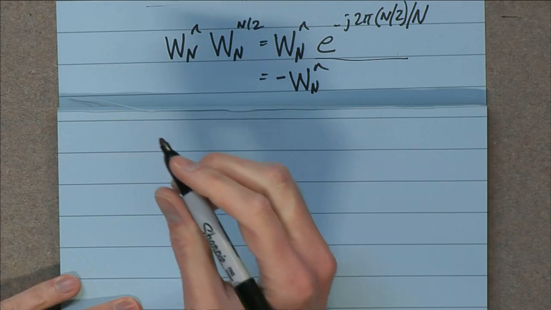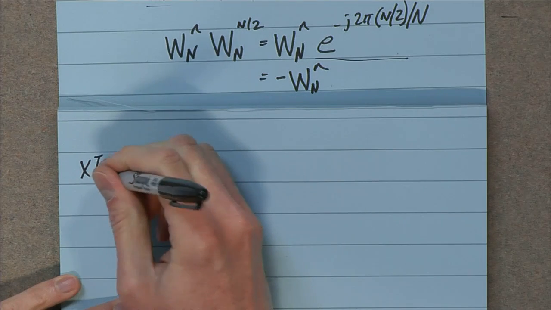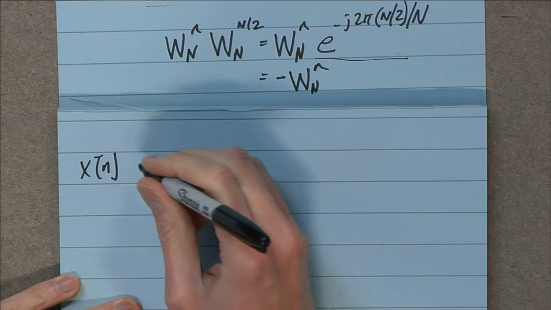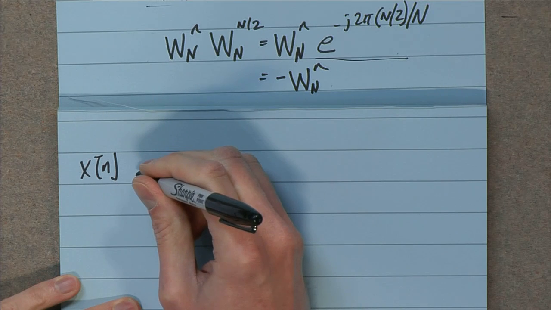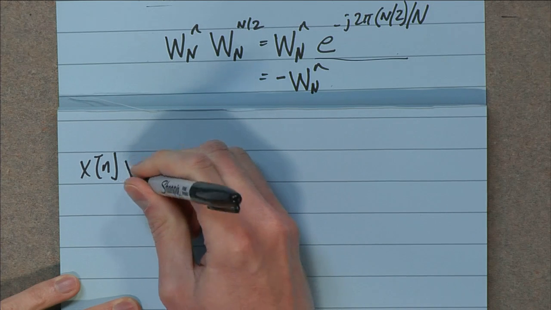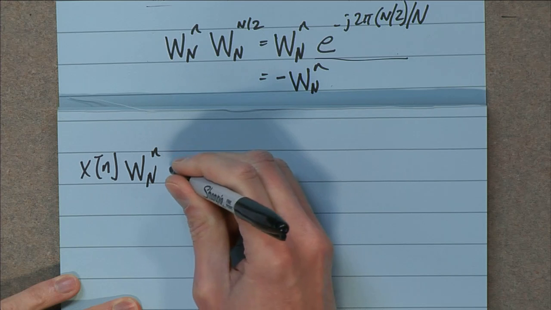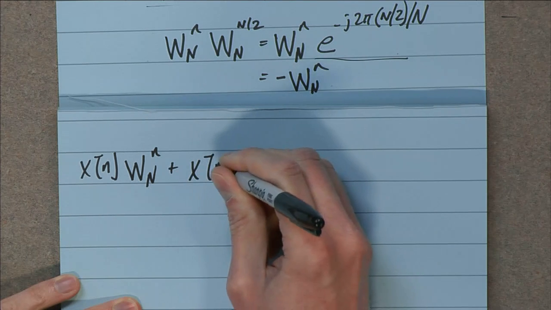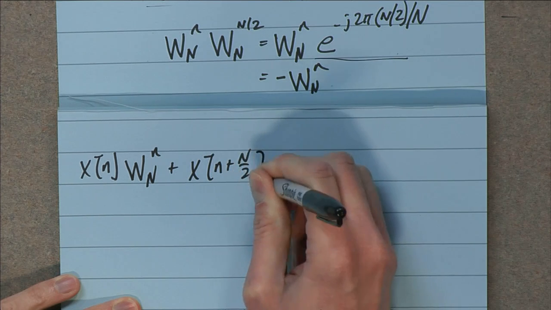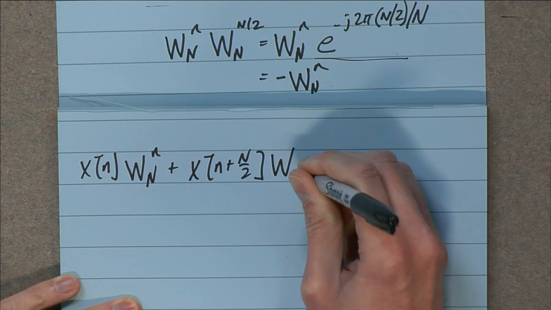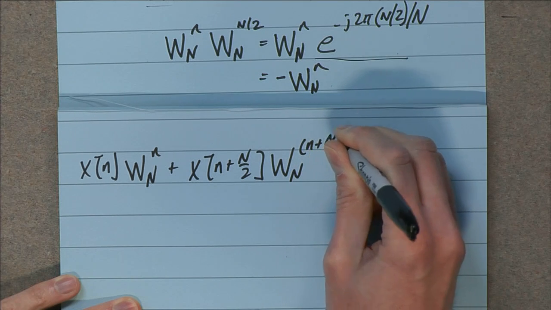So if that's the case, let's go back to x of n, and I want to write it carefully. We'll do it in 2 steps so you can kind of see what happened. That's x of n plus N over 2.